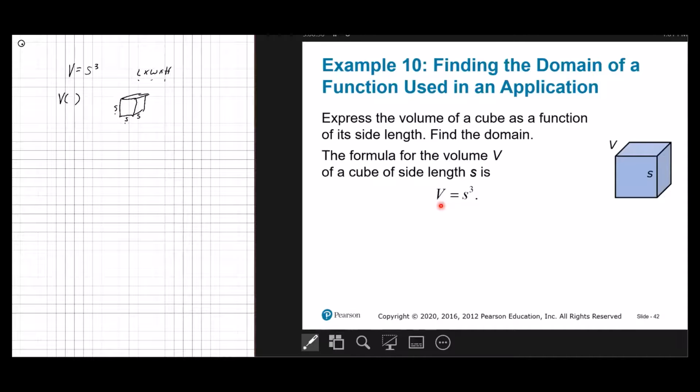S cubed. All right, the function acts on the side, on the length of the side, right? Which is S. And what does it do to S? It cubes it. So V of S is the function notation. And what happens to S is that we cube it.